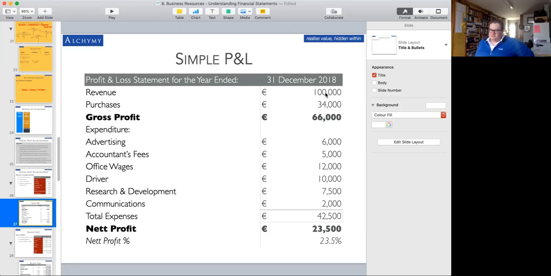But it depends. We could have done significantly more revenue at a lower gross profit percentage. If we jumped our revenue up to $1 million and our purchases grew to 500,000, and our other expenditure was there, and we ended up with profit of 110,000, it's a tenfold increase in sales.